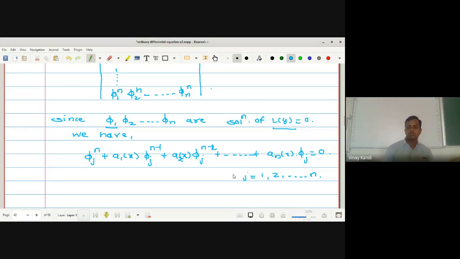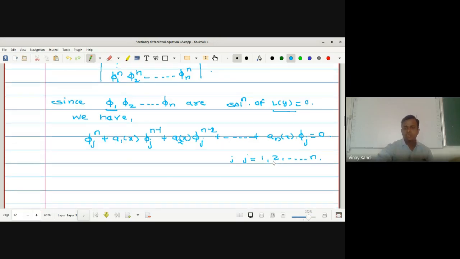Any doubt? Put j is equal to 1 here: phi 1 raised to n, a1 of x into phi 1 raised to n minus 1. We will get n equations. I have written it in general. Understood?